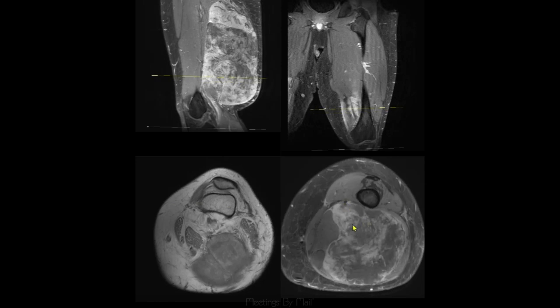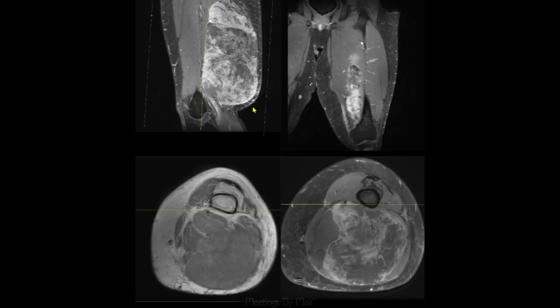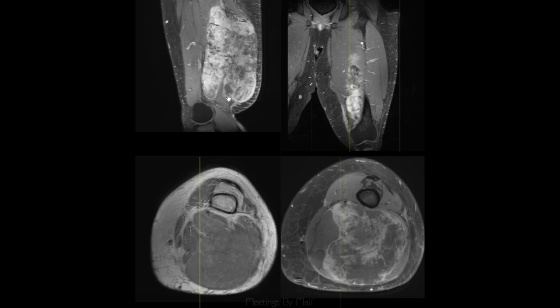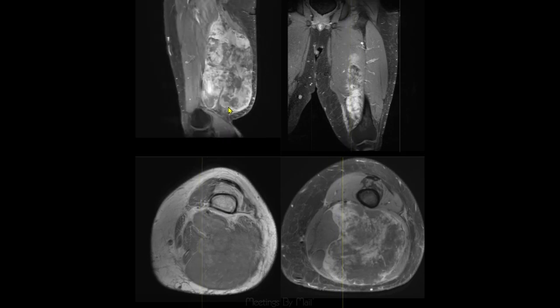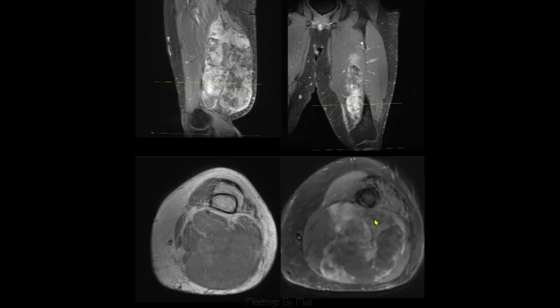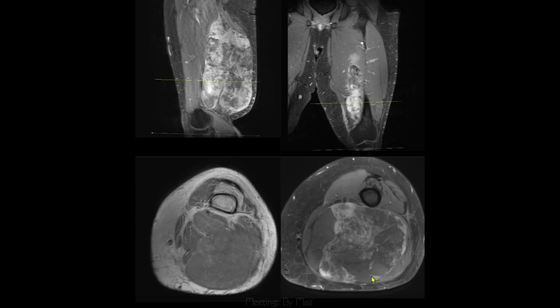I think we talked about that earlier. As you scroll through here, you start to see different things, and so it's important to say all of that. I just noticed also this superior little bit of tail, peritumoral edema up here, and I would mention that. Sometimes these lesions will extend along the fascia, and that'll also be something that's very important to mention.